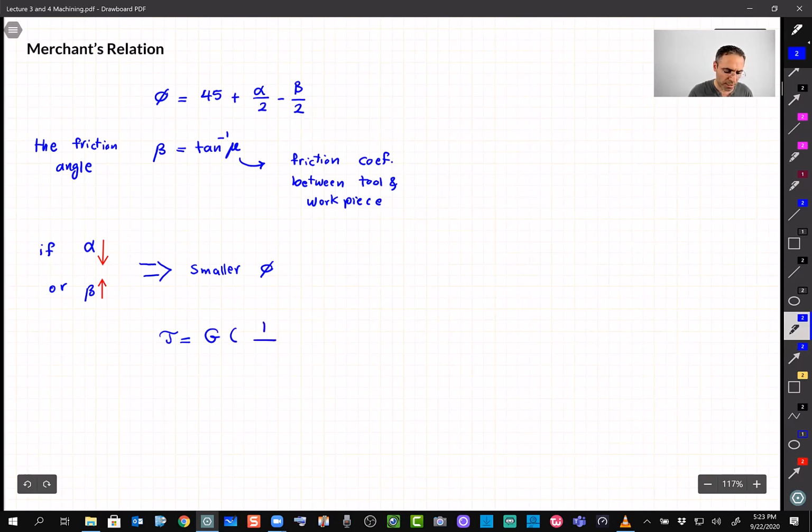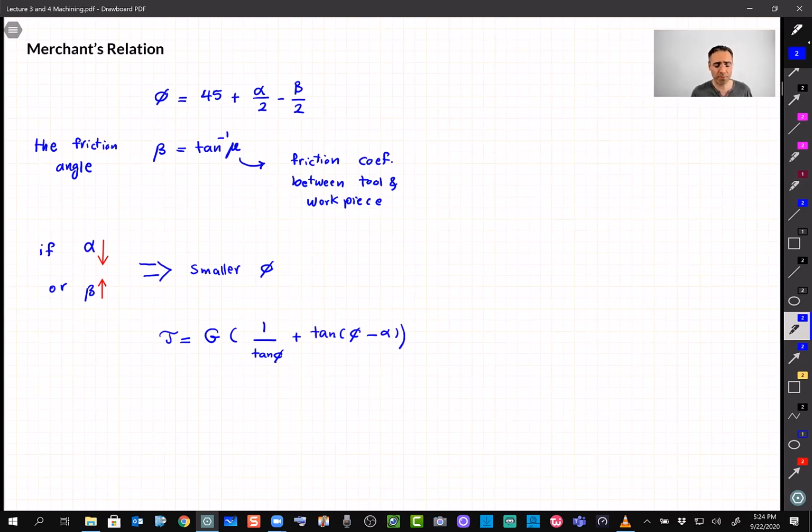times 1 over tangent phi plus tangent phi minus alpha. All these relations are geometrical relations, and some are also experimental relations. The proofs of these can sometimes be long.